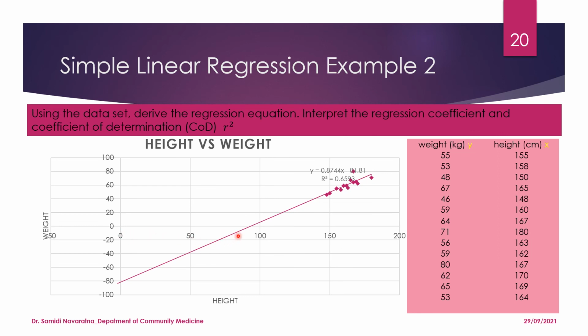So does such a person exist? The weight of that person is 0, so it doesn't make any sense at all. And at some point the weight even becomes negative. So you can't use the regression line for prediction outside the observed range of values. That is the point I wanted to make to you at this point.